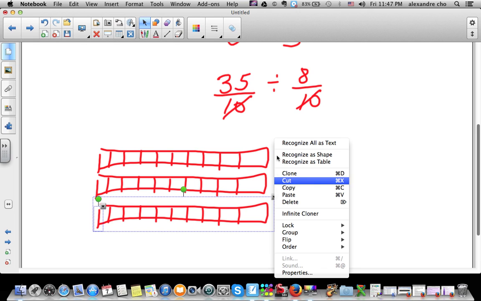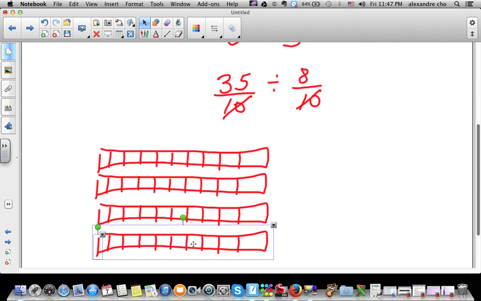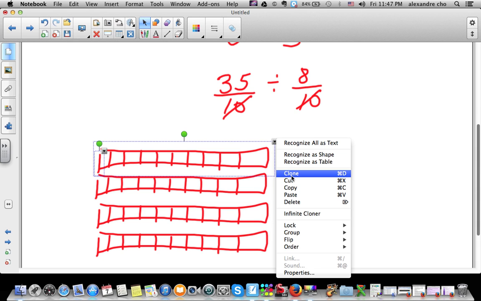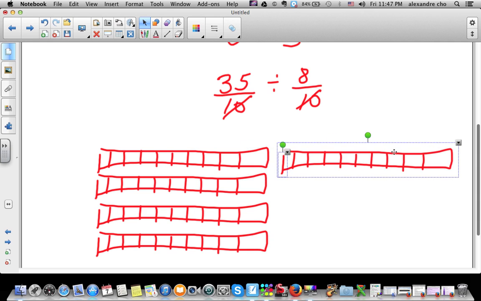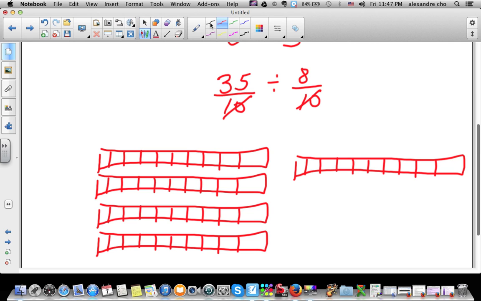And I need one more because I have 35, so I'll clone that again, and clone this one more time. And I'll put this on this side. Alright, so this is what my division problem looks like. Let's color in.